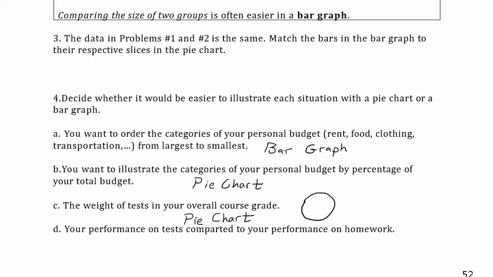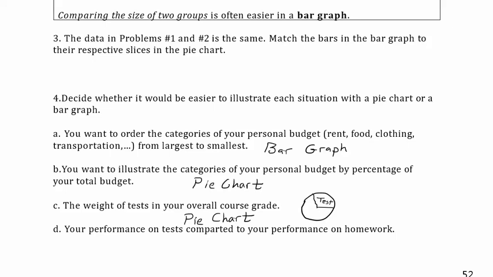And then there would be some slice that would represent tests, and maybe the other slices would be like homework or projects or something like that. So in this way I could see the weight of the tests in the overall course grade, how much of the overall course grade is affected by the test scores.